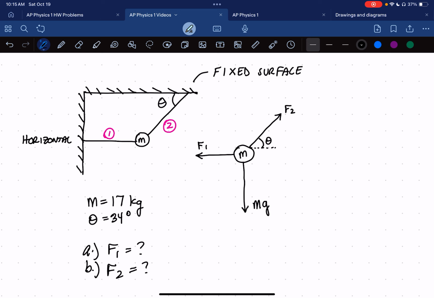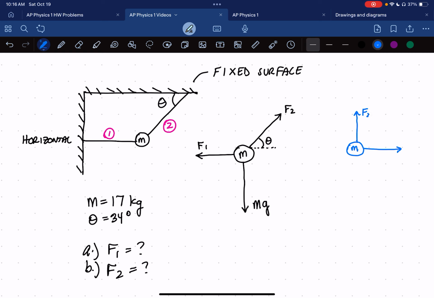Now, we have the free body diagram, and that's correct, but we want to have a more functional diagram, in which case we're going to take this force 2 and create components, a horizontal component and a vertical component. So if you look at force 2, it's kind of pulling the mass up and to the right. And so we're going to have two components pulling up and to the right.